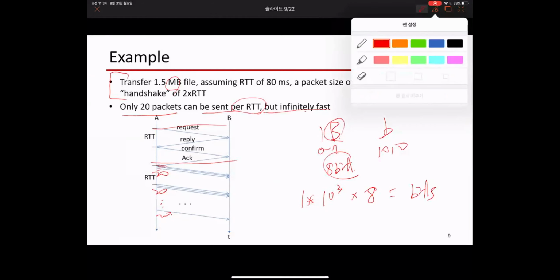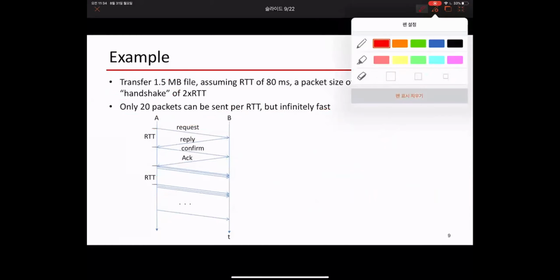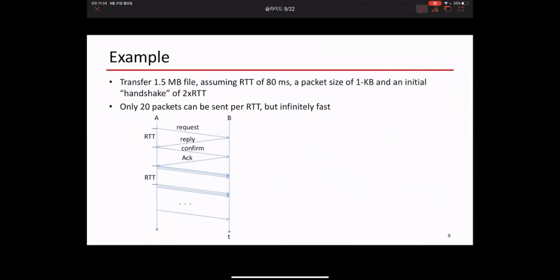How long does it take? 2 RTT, 2 times RTT, plus the total number of packets, 1,536 times the transmission time, divided by 20 per RTT, plus the propagation time.